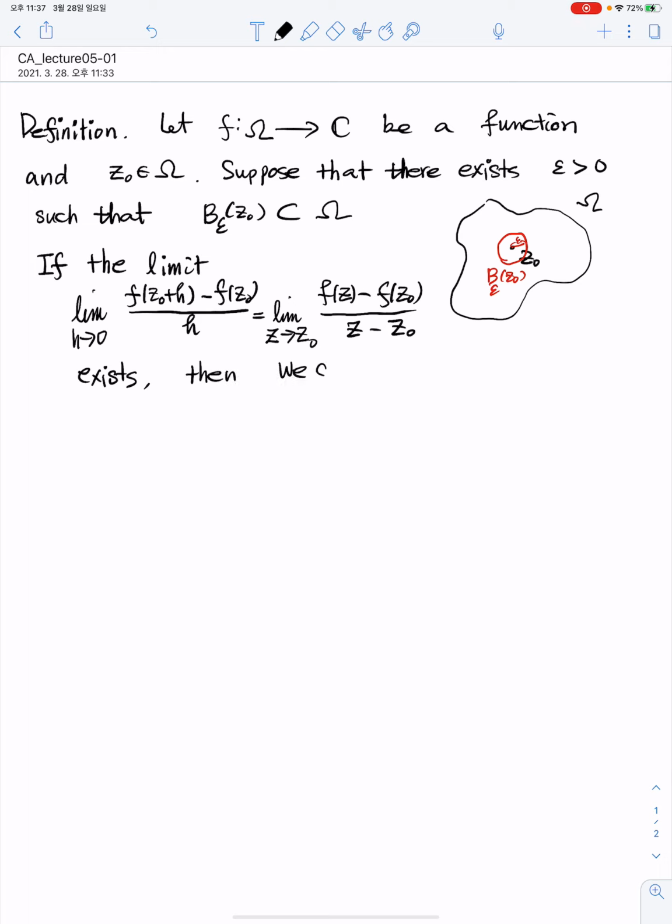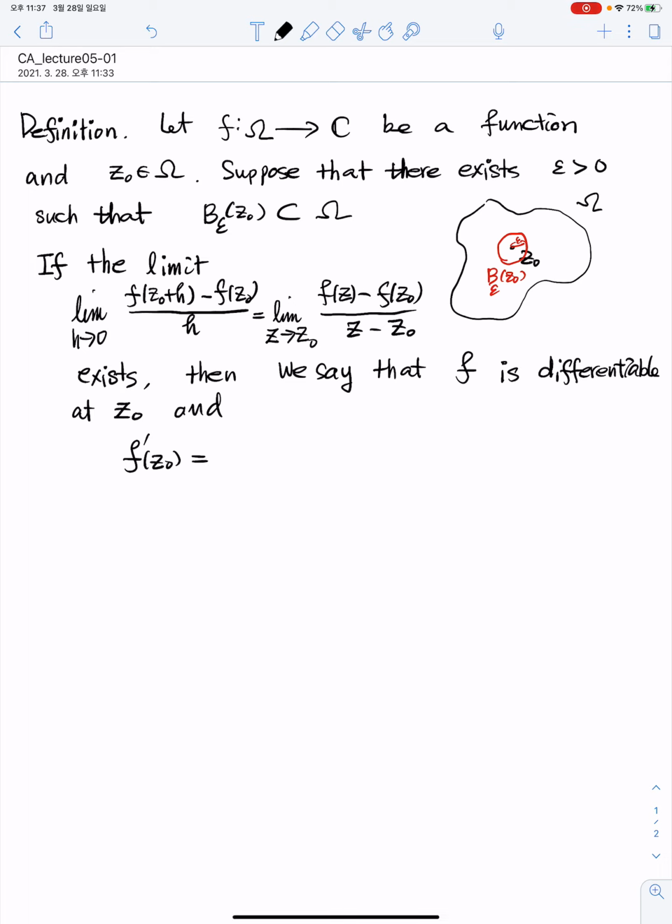we say that, last time I defined differentiable, right? We say that the function f is differentiable at z0, okay, and we defined f prime of z0 as the limit.